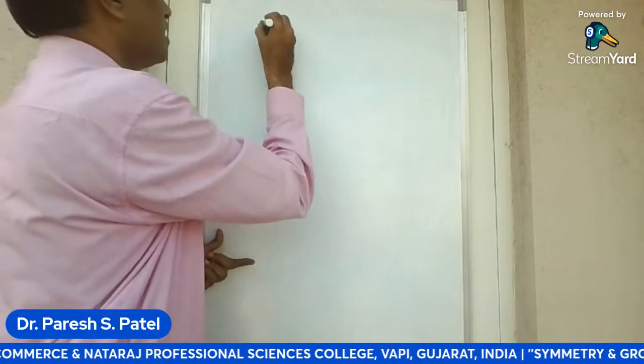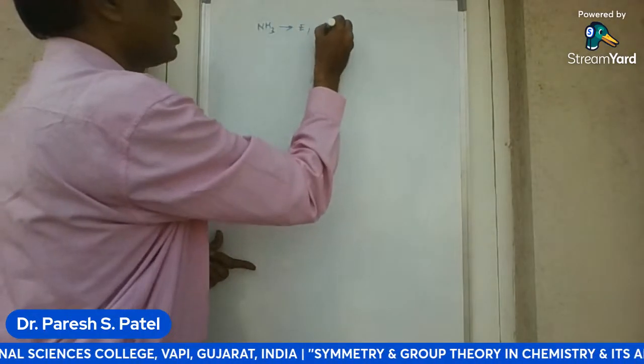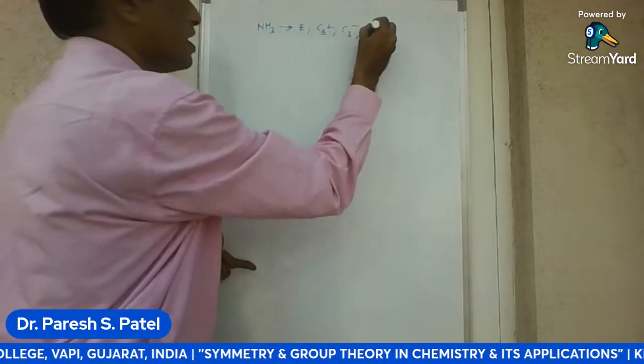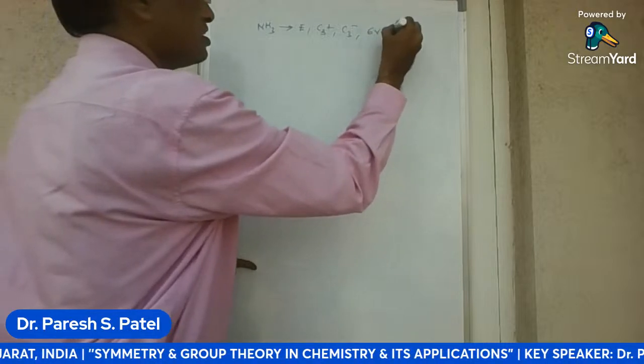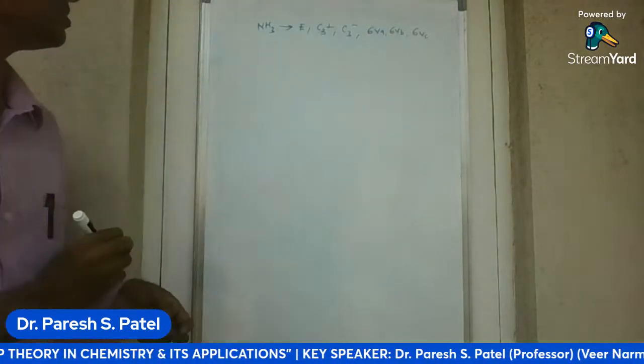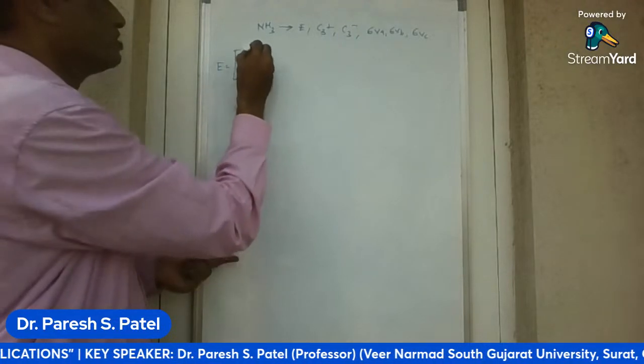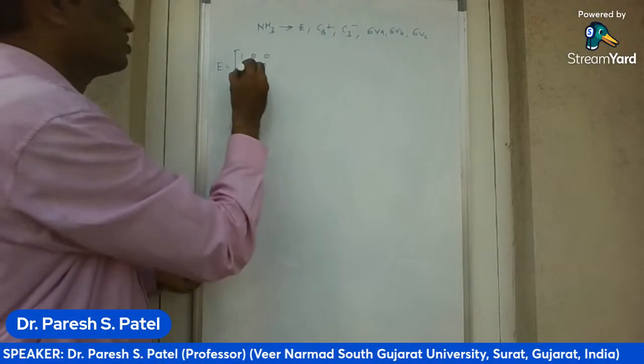The second example is the ammonia molecule. The ammonia molecule has the symmetry elements E, C3 plus, C3 minus, sigma Va, sigma Vb, and sigma Vc. The matrix representation for identity is 100, 010, 001.